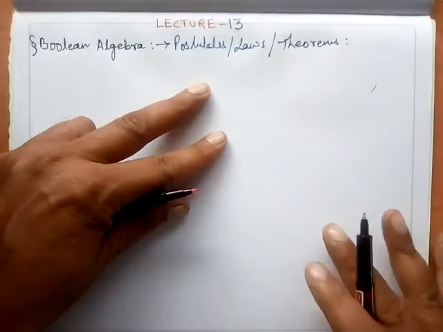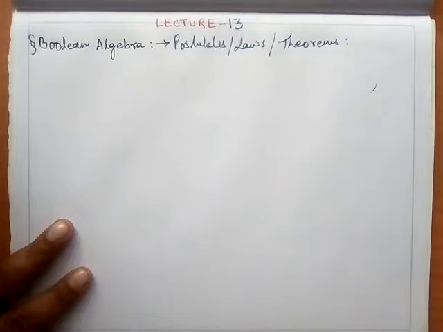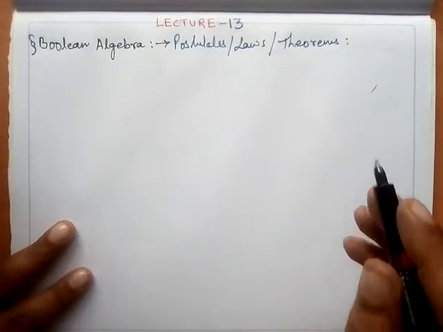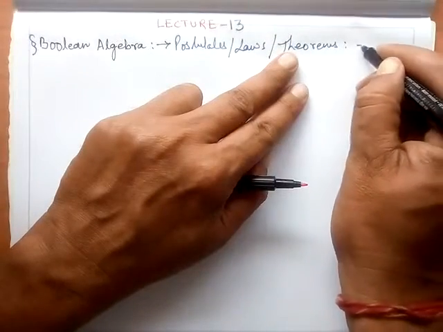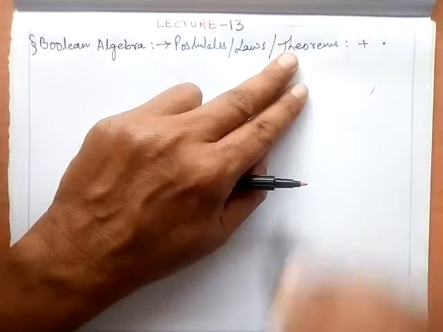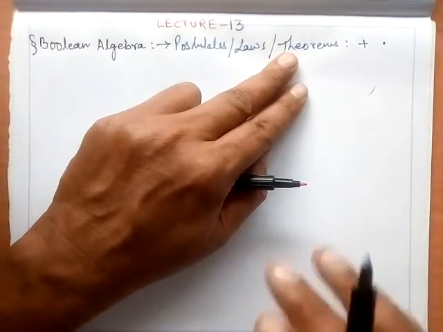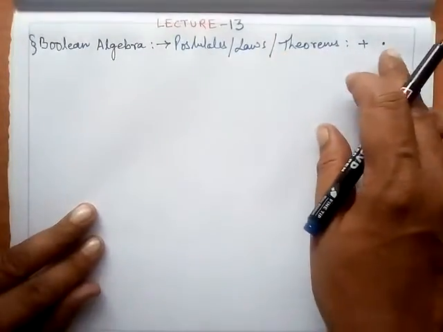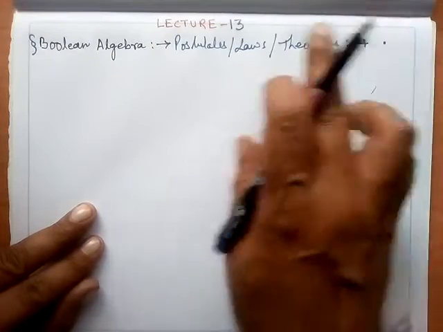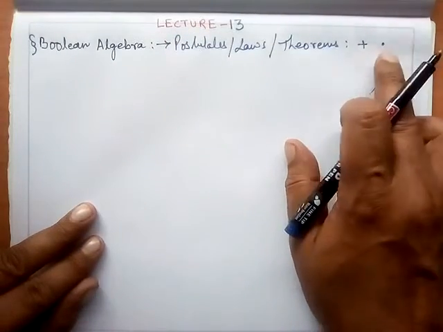First of all, since we have only two digits 0 and 1 and two operators, plus and a dot, these are also known as the OR laws and AND laws.